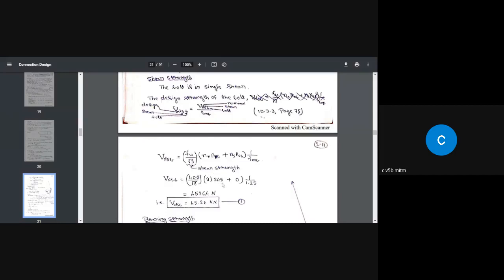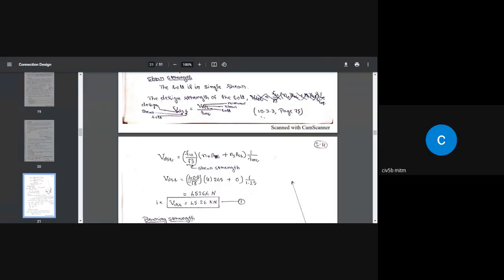That is 245. How did we get that? Pi by 4 multiplied by 20 square, where 20 is the diameter of the bolt, multiplied by 0.78. Why did we multiply that value by 0.78? Because the shear plane is passing through the thread, where we get the reduced area of cross section.